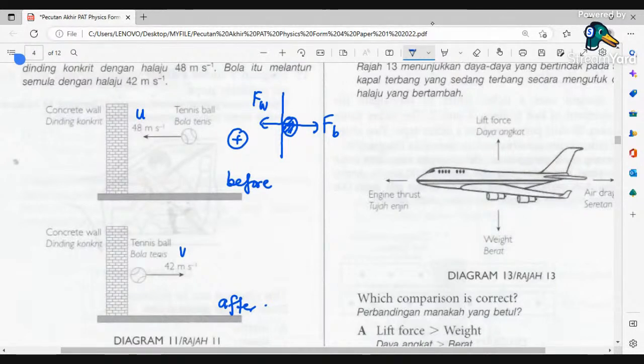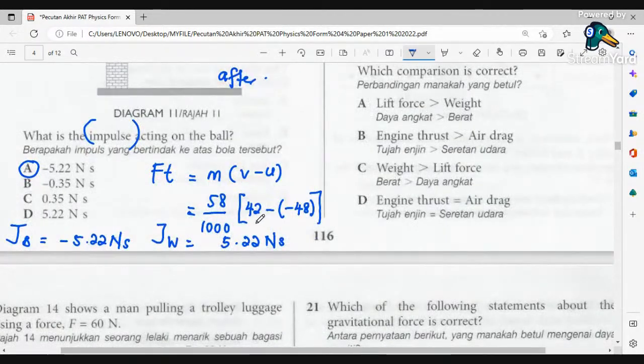Okay, macam ni ya. Sekejap saya tunjuk sekali. Okay, right direction ialah positif, means 42 tu kita akan ambil positif, 48 dia akan jadi negatif sebab ini adalah left. Okay, so V minus U, V minus 48 letak negatif, so V minus negative 48, it become 42 plus 48.